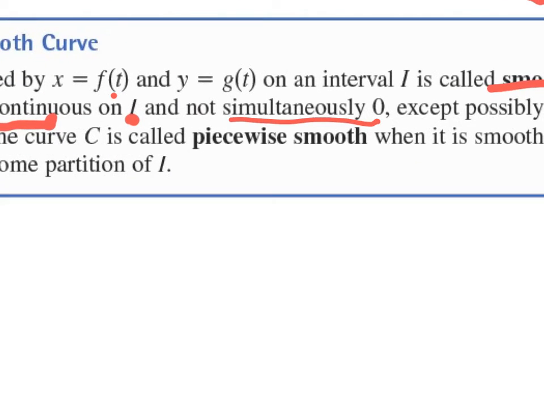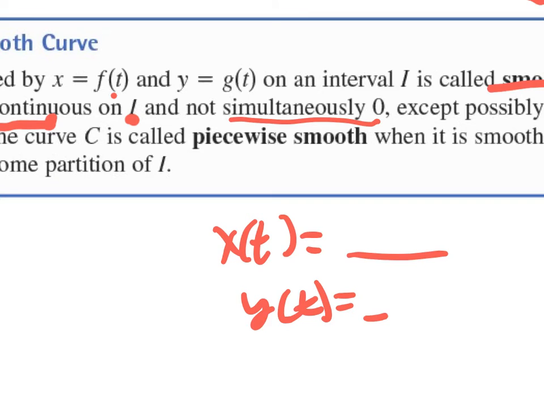In other words, f prime and g prime can't be zero at the same time, because I'm going to give you the definition of the derivative of a parametric, when you have x of t equals something and y of t.